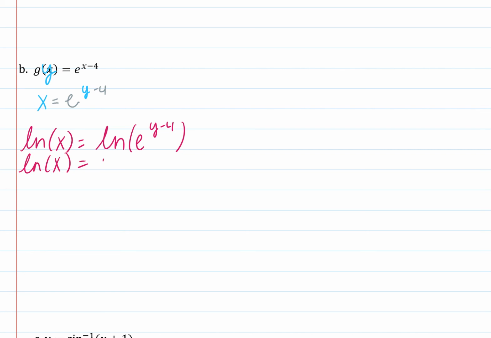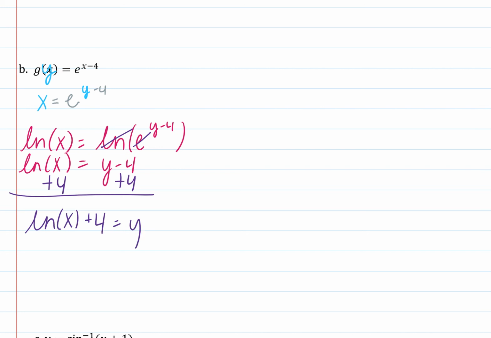So I'm left with y minus 4. Now I can just add 4 to both sides. And then I'm going to really use this function notation to emphasize I'm finding the inverse of my original function g.